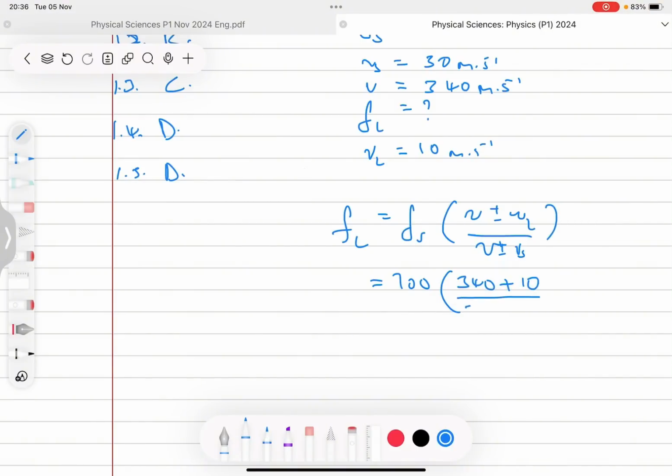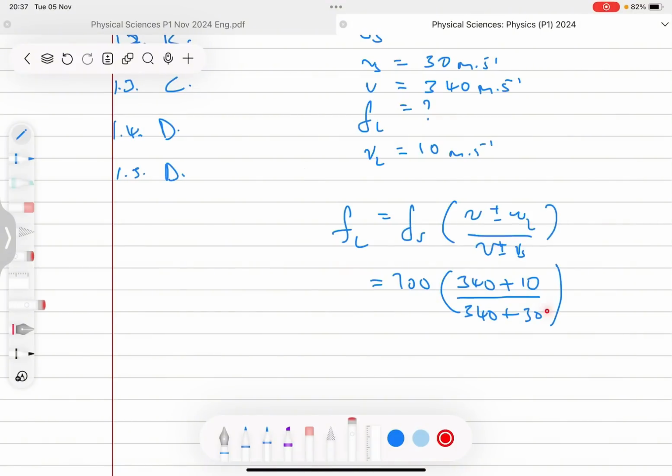And at the bottom here, we're going to have 340, and you must understand that the source is moving away from the listener. When it moves away from the listener, we want a smaller frequency to be detected. For that to happen, it means we're going to put a plus here, the 30 meters per second.